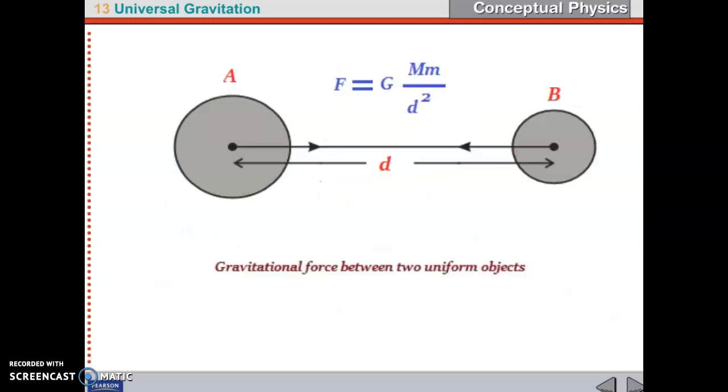One very important thing to note is that the distance assumes the masses do not have size. We assume point masses. We assume that the mass of each object is concentrated in its center. So when we are measuring the distance between the two masses, we start from the center of the two objects.